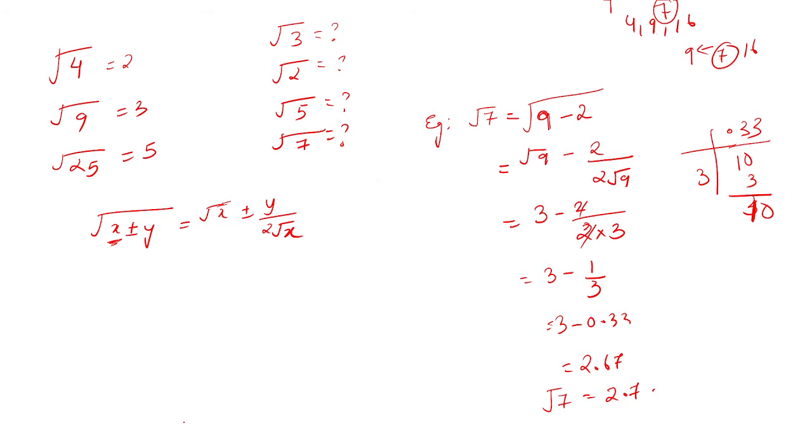Clear? Another example: suppose you have root 11. Think of the perfect square closest to 11. It's going to be 9. Between 9 and 16, what is the closest to 11?